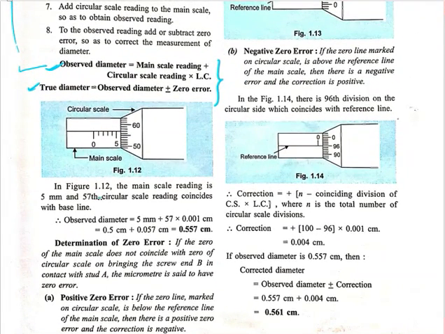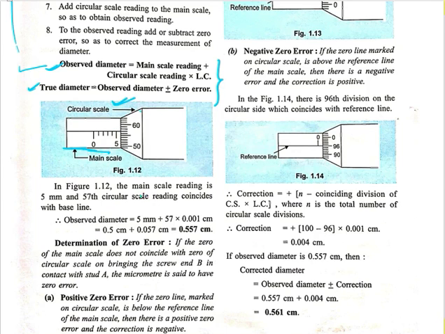You can see figure 1.12. In this figure, the main scale reading is 5 millimeter. This is our main scale reading, and this is our circular scale reading.